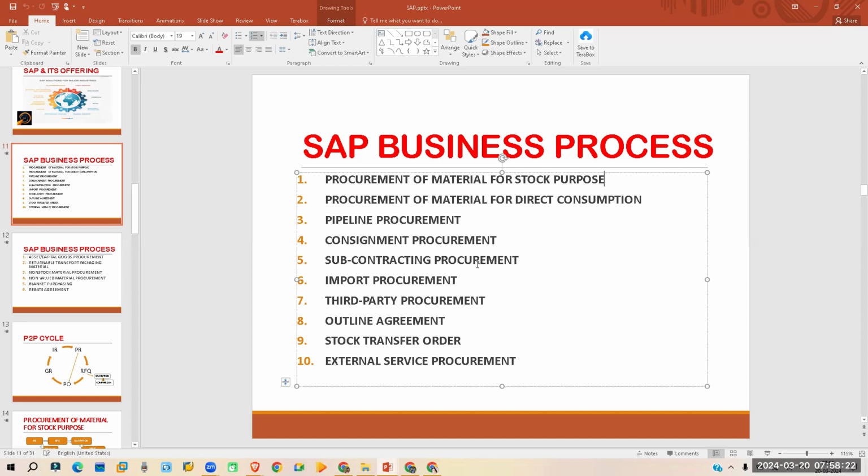By heart, you should know what these processes are. Once you are going to the interview, you should be able to explain the process very neat and clear to the interviewer. So prepare from now onwards. If you need to get a job, prepare from day one. Prepare from now itself.